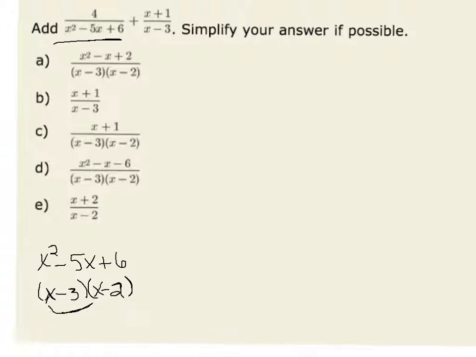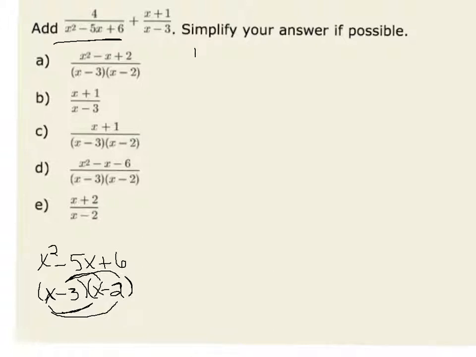I have x times x, or x squared, x times a negative 2, or a negative 2x, negative 3 times x, or negative 3x, and a negative 2x, take away 3 more x's, is a negative 5x, and finally I have a negative 3 times a negative 2, which is a positive 6.